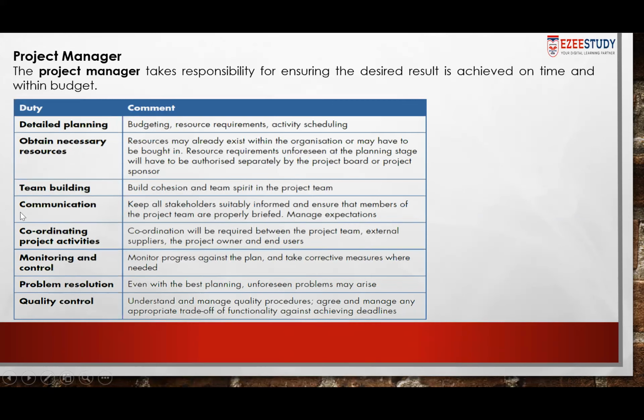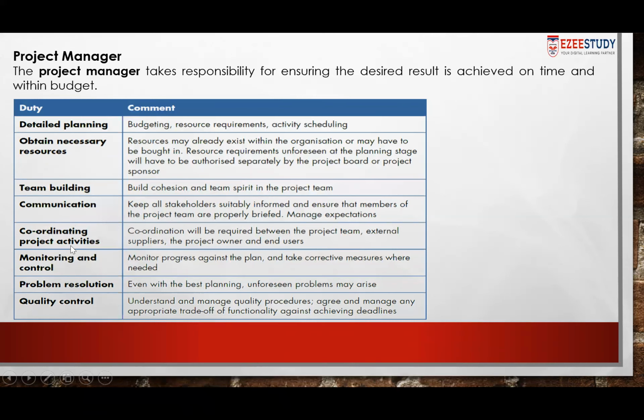Communication. You should also be responsible for communicating with different stakeholders during the project. Coordination. You will also be responsible to create coordination between different project activities, between different functions involved, and whatever type of coordination is required, this project manager will be responsible for that.